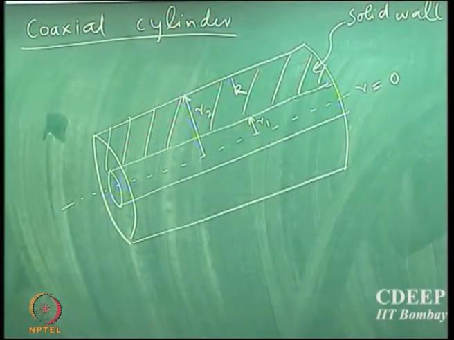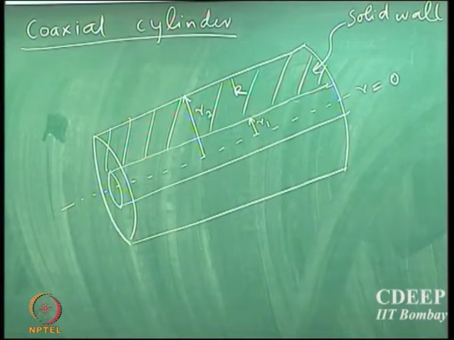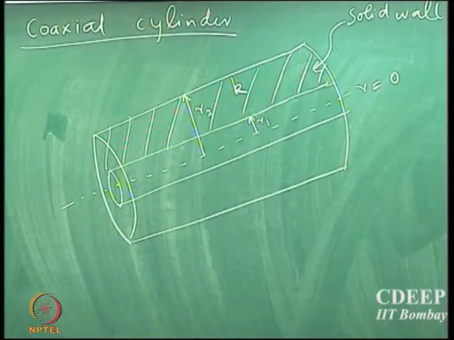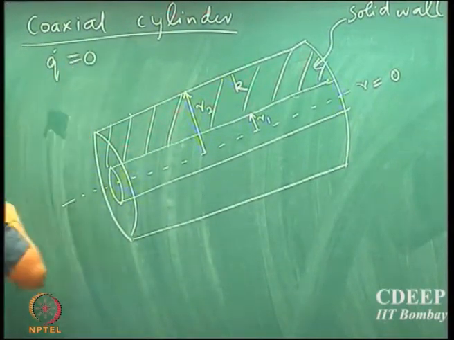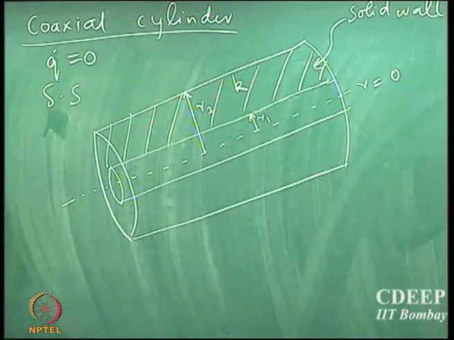And so what is the model equation? Supposing we assume that Q dot is 0 and steady state condition, what is the model equation? It is del square T equal to 0, right.